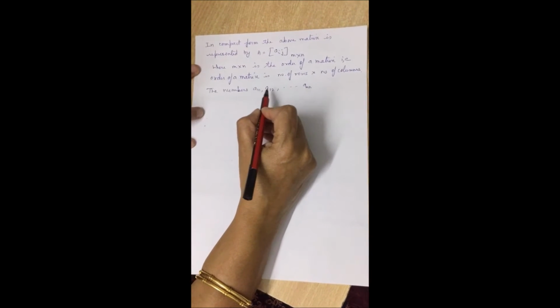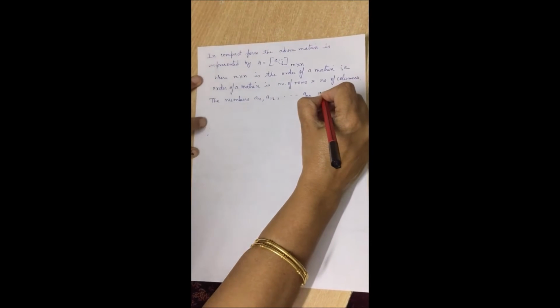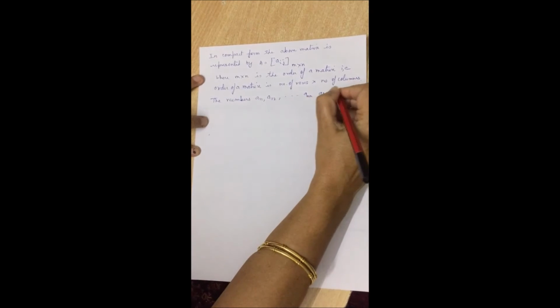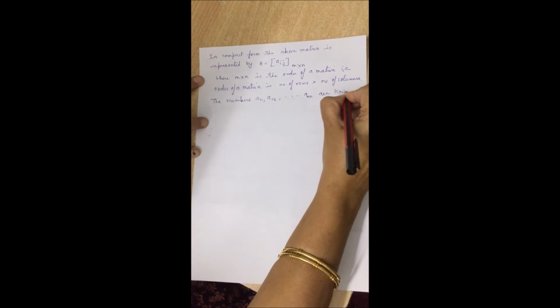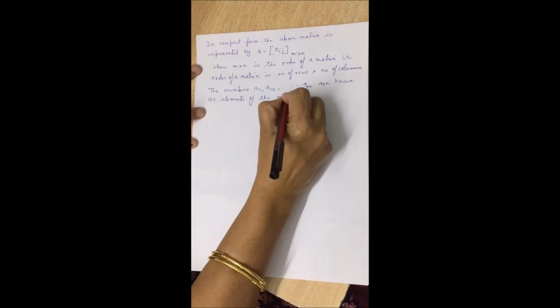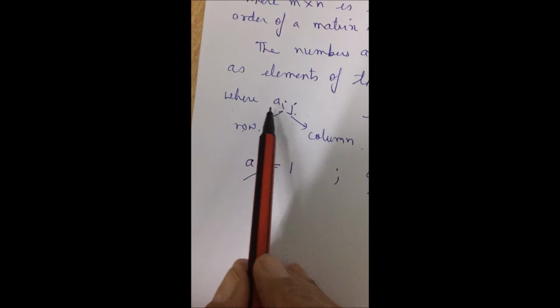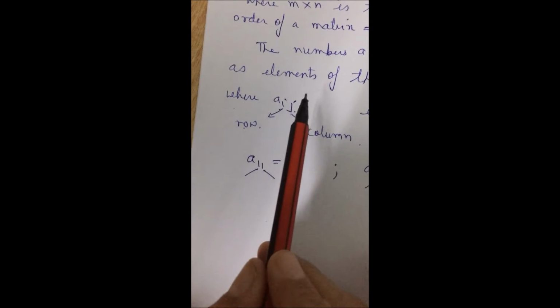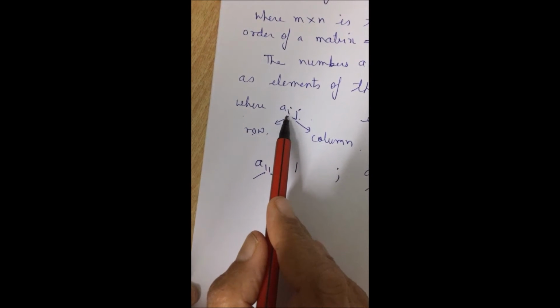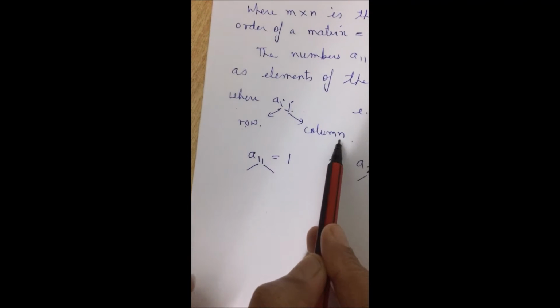Numbers A11, A12 till AMN are known as elements of the matrix A, where Aij is an element which is at the ith row and jth column.